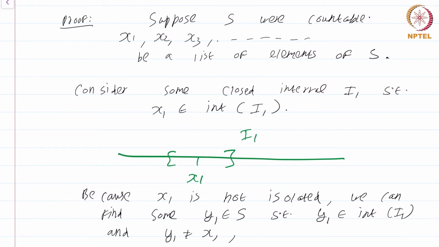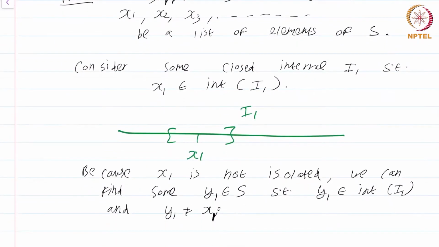Actually, the second part, y1 not equal to x2, is not needed. I will do it in the next step. So there will be some y1 simply because x1 is not an isolated point. I'm choosing this y1 not to be equal to x1. That's what the meaning of x1 being a limit point is.